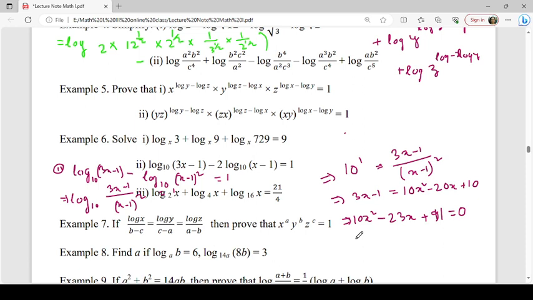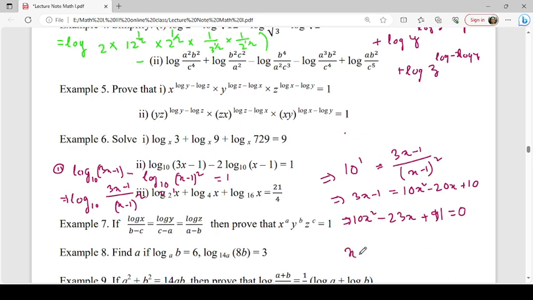11, 10, 110, then 20 plus 3 is 23, or you can write it as a quadratic.